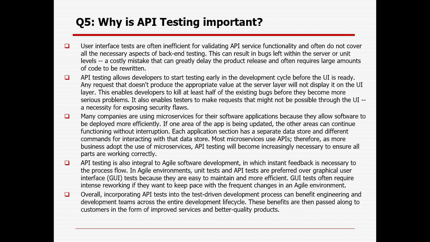It also enables testers to make requests that might not be possible through the UI, necessary for exposing security flaws. Many companies are using microservices nowadays for software applications because they allow software to be deployed more efficiently. If one area of the app is being updated, the other areas can continue functioning without interruption.